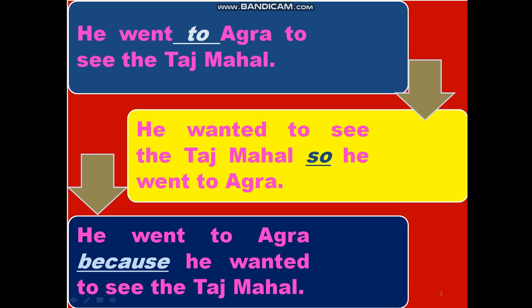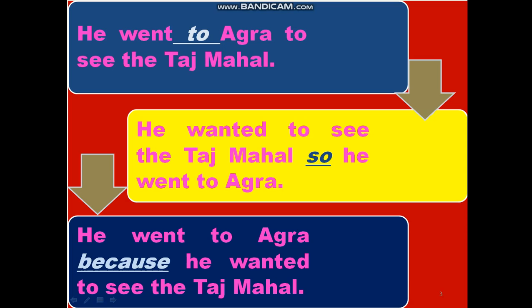A simple sentence has only one finite verb. I think you all know what a finite verb is all about because you are in class 11th. Finite verb is the verb that changes with a change in the subject or the tense of the sentence. Here, went is the finite verb, and it is the only finite verb in this sentence.